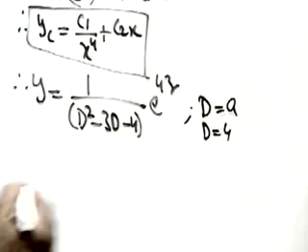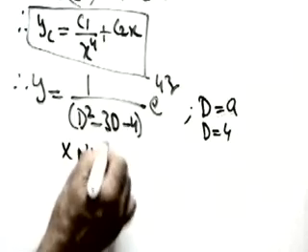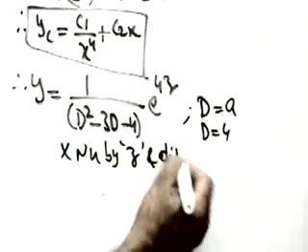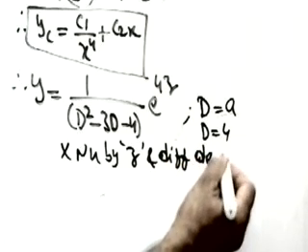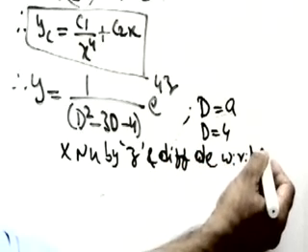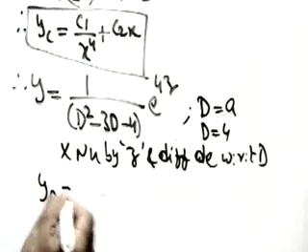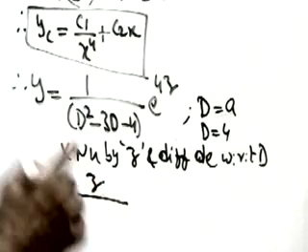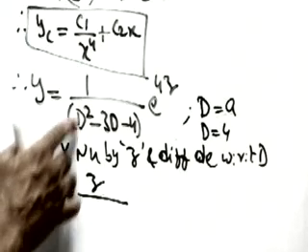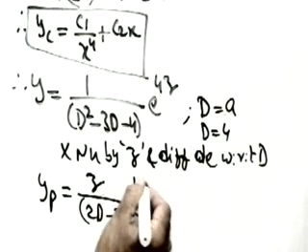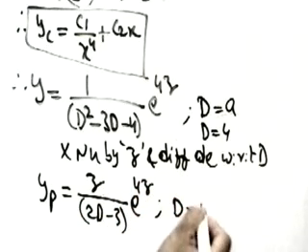What is the method? Multiply the numerator by x, but here by z. Multiply the numerator by z and differentiate the denominator with respect to d. This is the method we already discussed. So yp equals z into 1 divided by the derivative of the denominator: d square becomes 2d, minus 1 for the 3d term, that is minus 3, into e power 4z.